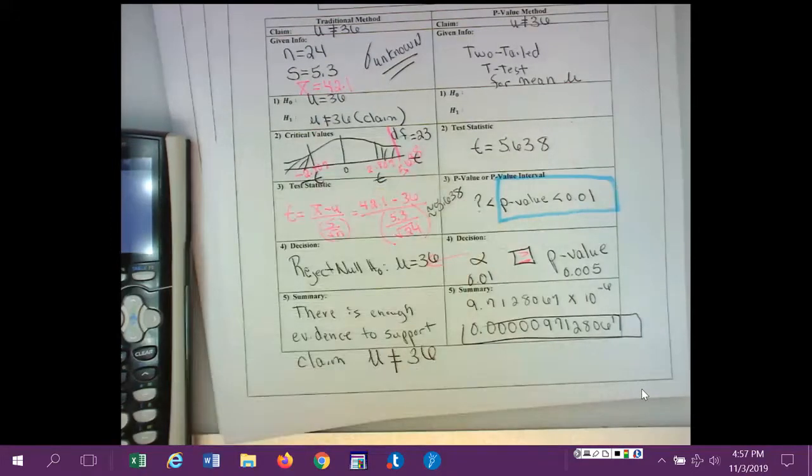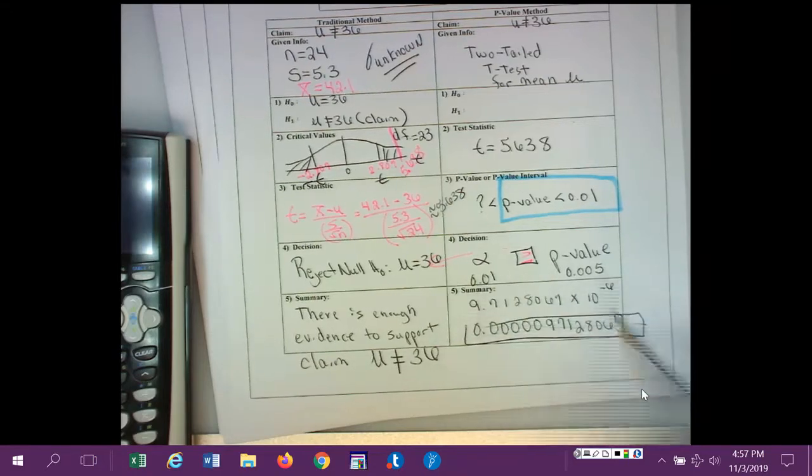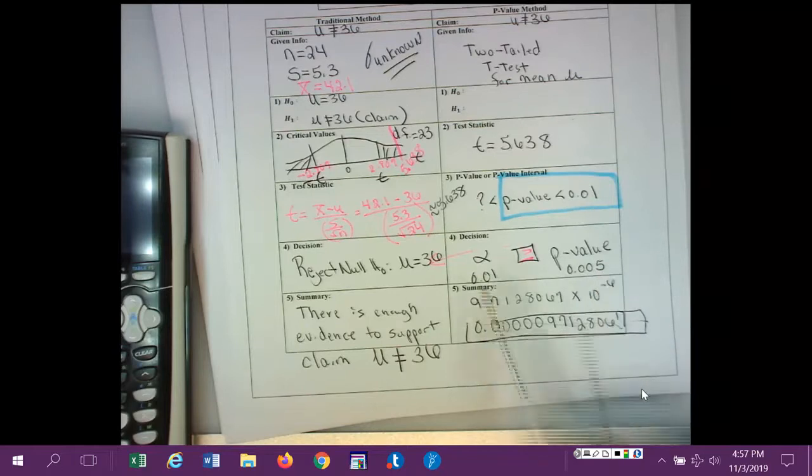Everybody's responsible. Even if you plan to use the calculator, everybody has to find the p-value interval when it's a t-test. I will not be asking for this number at all. This is useful, however, if you want to make a quick comparison of alpha and the p-value you know by calculator to make your decision.